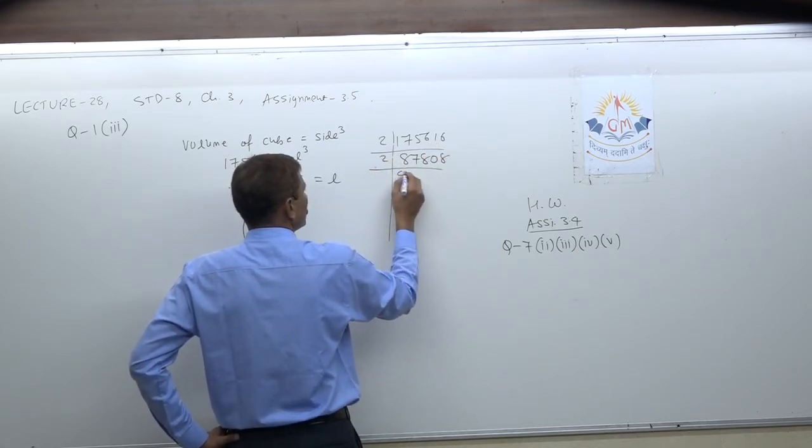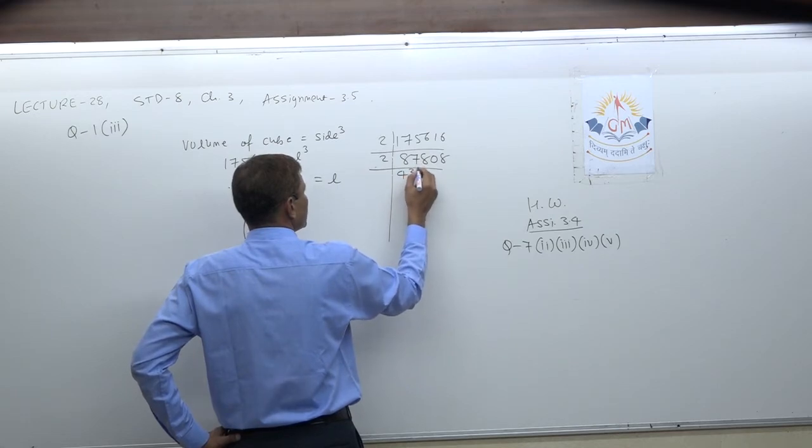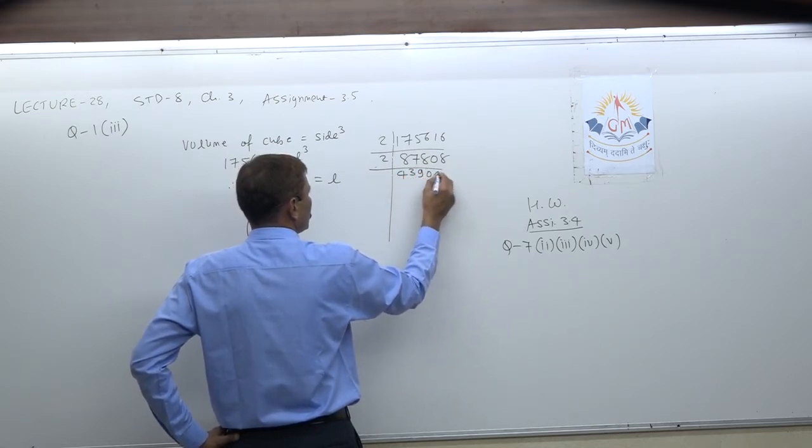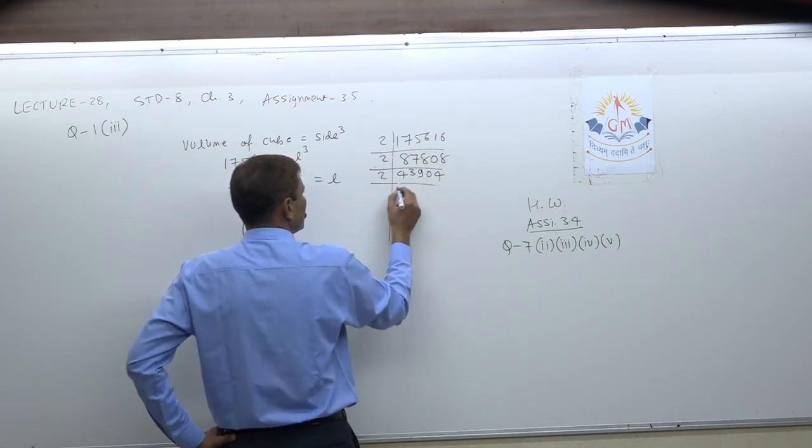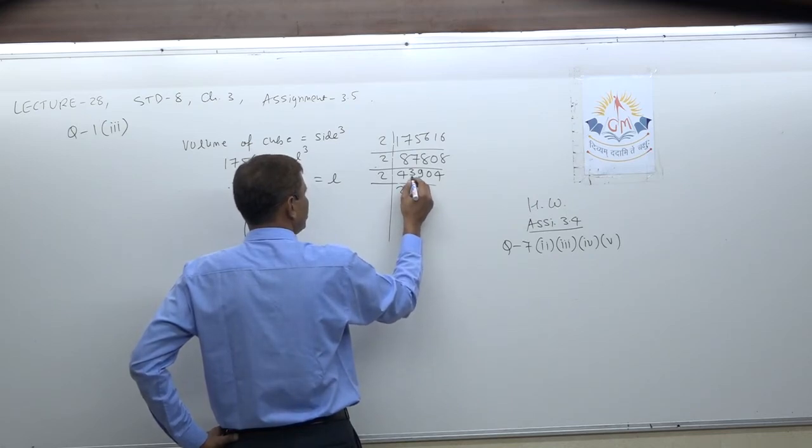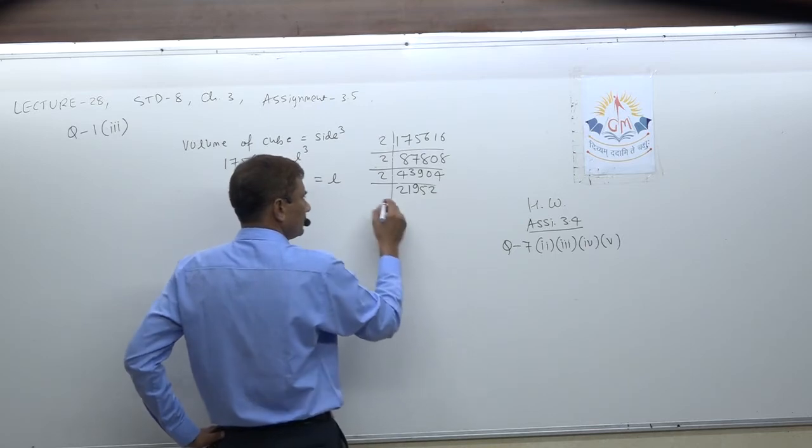Again 2, 2 4s are 8, 2 3s are 6, 2 9s are 18, and 4. Again by 2, 2 2s are 4, 2 1s are 2, 2 9s are 18, 2 5s are 10, 2 2s are 4.